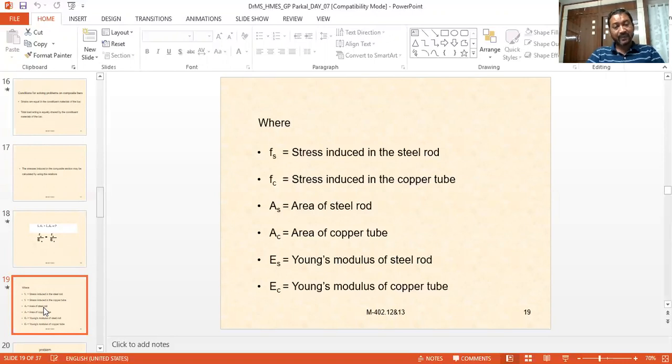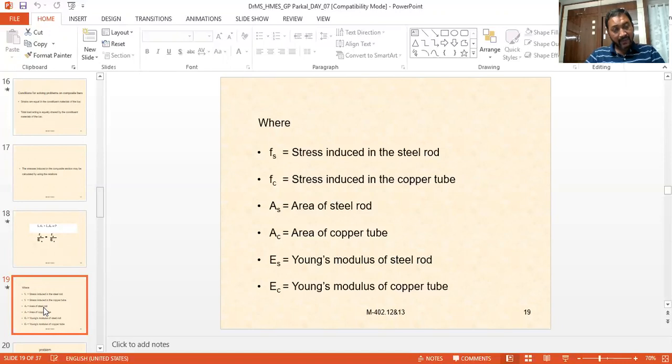In that case, the bar is made up of the same material, only the area changes, therefore the Young's modulus remains constant. But in this case, the bar has a composite section, made with two or more different materials.